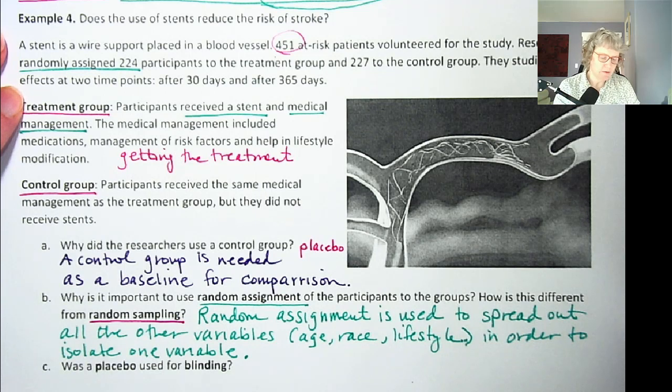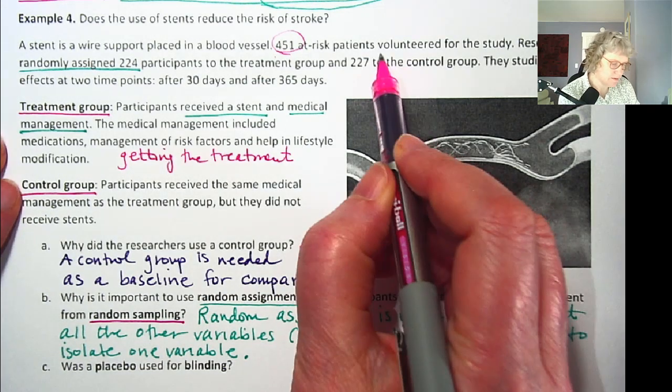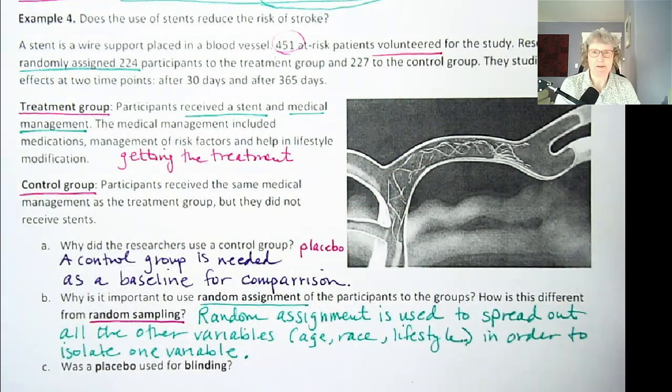There are all these different considerations for being part of an experiment. And so the participants are not chosen at random. But once we have the participants who, like it says, volunteered, they have to have their consent as with anything, then they are randomly divided. Okay, so that's called random assignment.